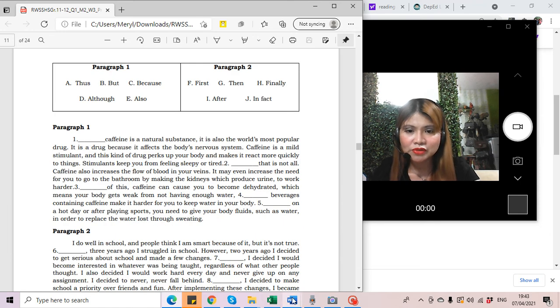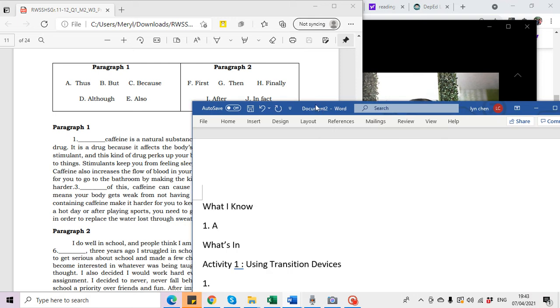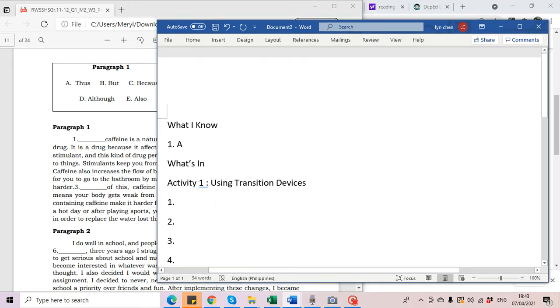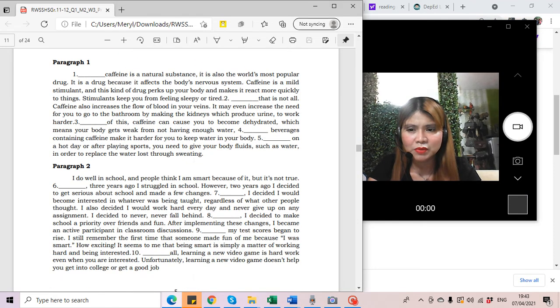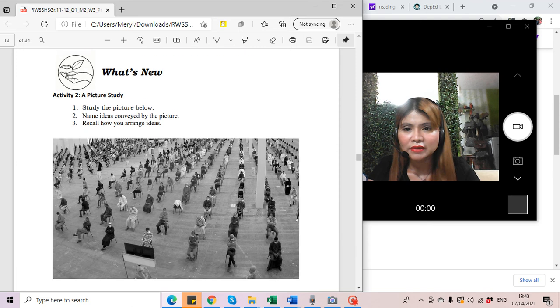So you're going to write the word for each number, the correct word for each number. Okay, so let's say your answer is "thus," right there like that. Okay, same goes with paragraph 2.